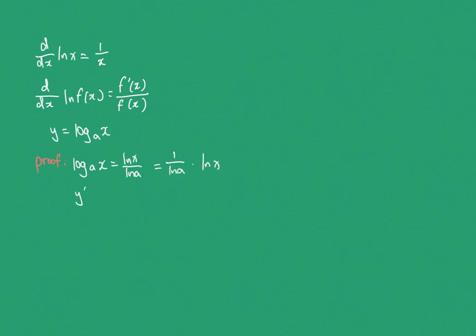And since 1 over ln a is a constant, we only differentiate the second part of the formula, which would be 1 over x based on the first formula.